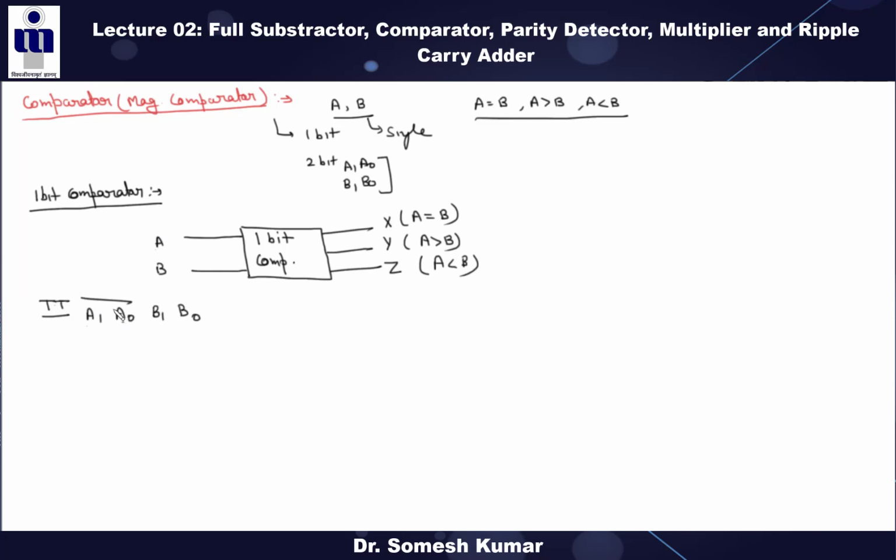This is the difference between 1 bit and 2 bits. Here I am writing X, Y, Z. These are all the outputs.